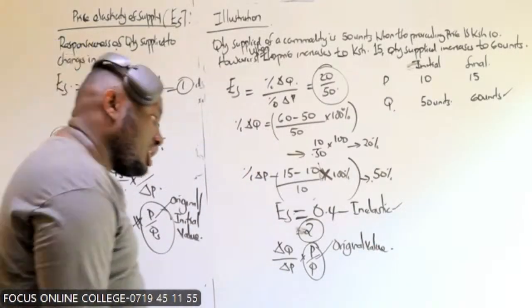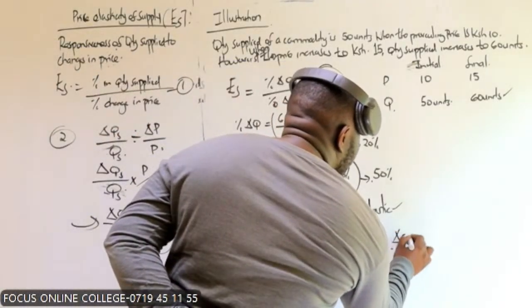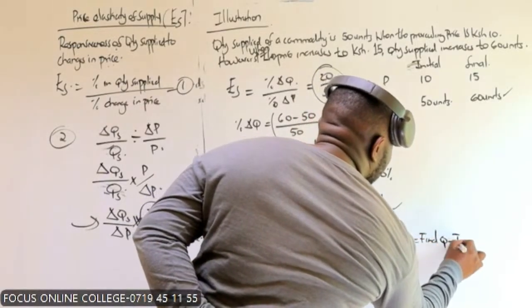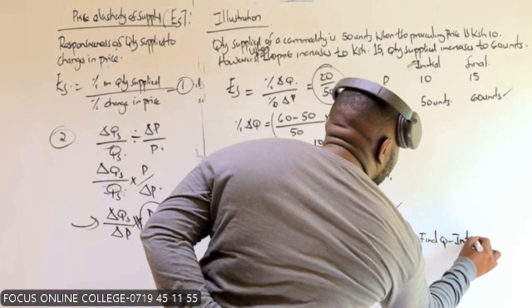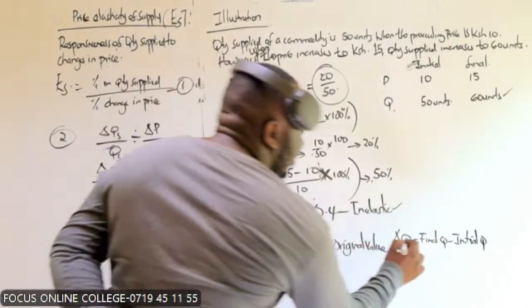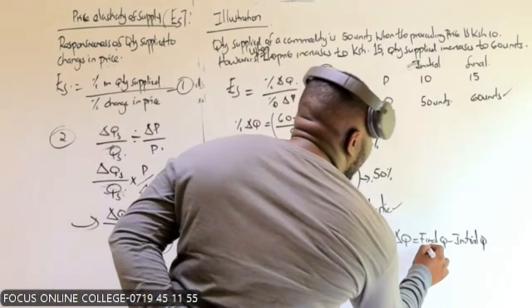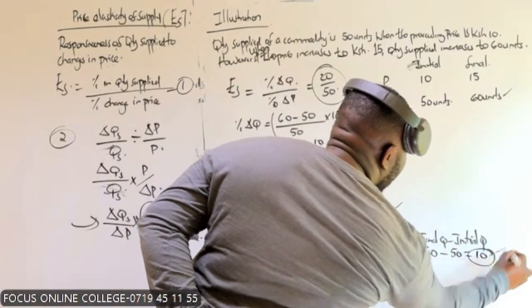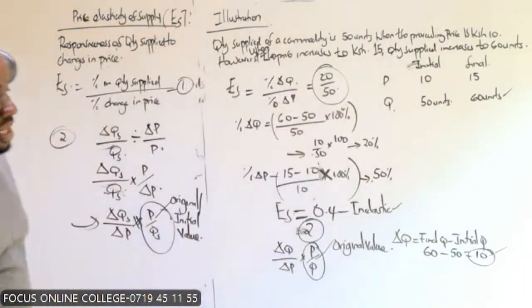So what is change in Q? Change in Q will be final Q minus initial Q. The final Q is 60 minus initial Q, which is 50. I have it as 10.